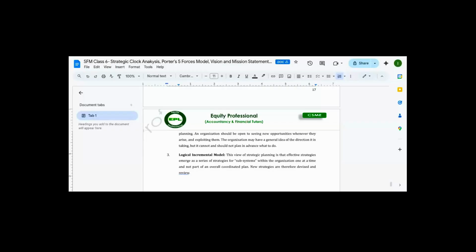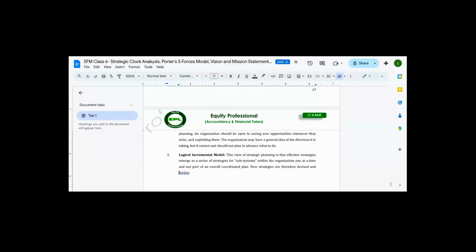In the logical incremental model, it is the situation or the prevailing market conditions or environmental dynamism that normally bring this about. It will now force the management to review their policy, their strategies, and goals.